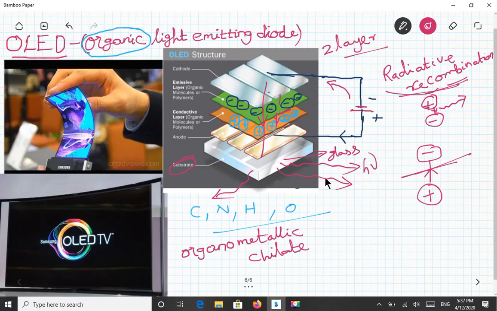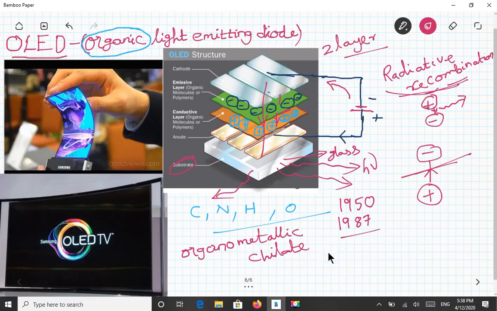The first successful discovery of OLED, that is, light being emitted from an organic compound, was made in the 1950s itself, but it did not come into use in those days. By 1987 they successfully created one OLED, and after that it slowly came into use.